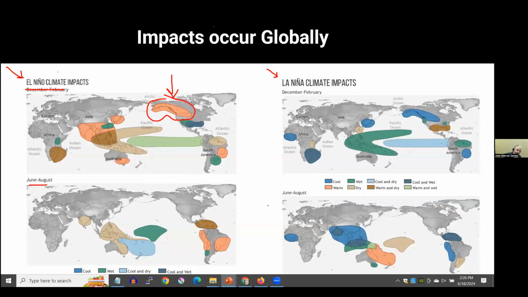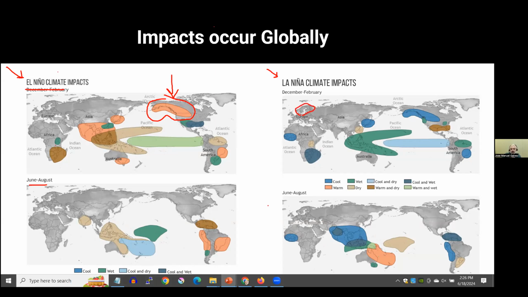We've seen this before a couple of times because there's interest in impacts, and I'm just going to talk about it briefly again. You can see that the impacts are global. Some areas will never find out. If you don't look at the news, you will never know there is an El Nino. For example, if you live in Sweden, Norway, or Finland, it doesn't really matter if you have a Niña or Niño.